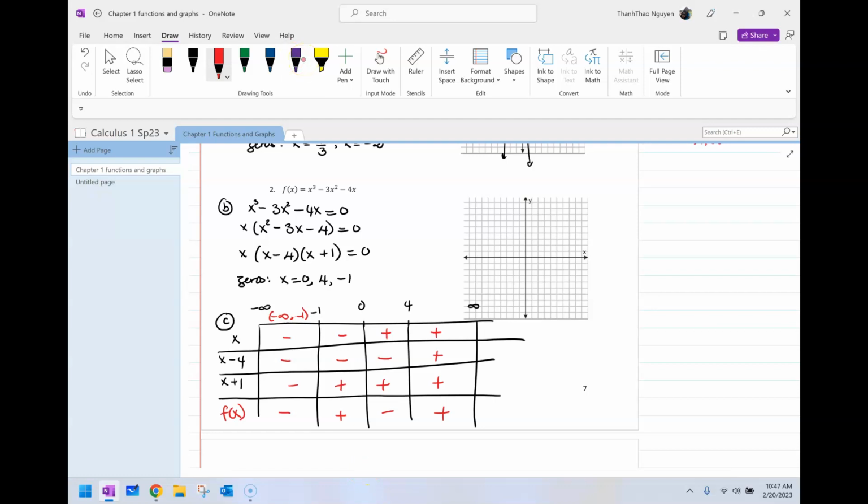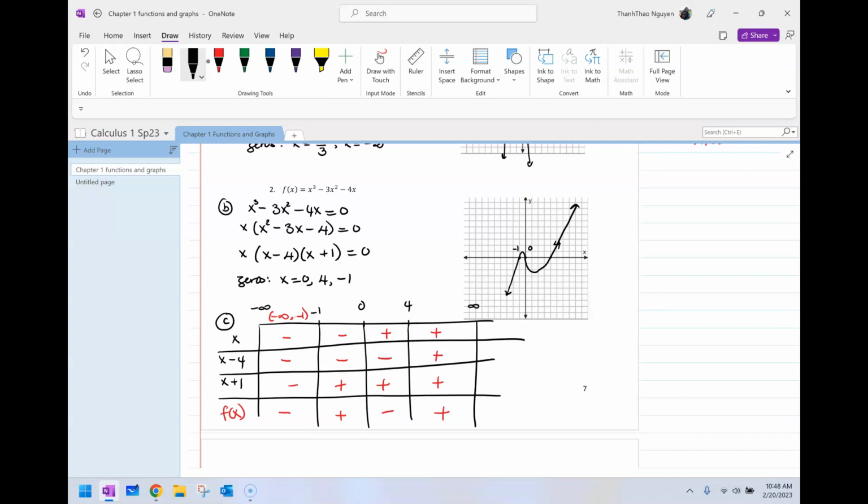Okay, so let's put this on our graph. That is negative 1, 0, and 4. So the graph is negative and then positive, so it's something like this, and then goes back down and up.